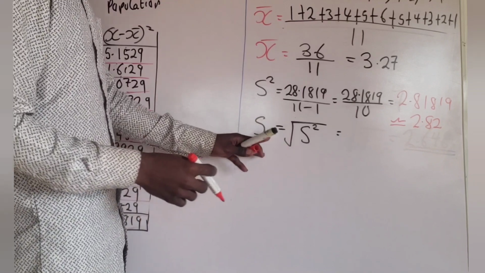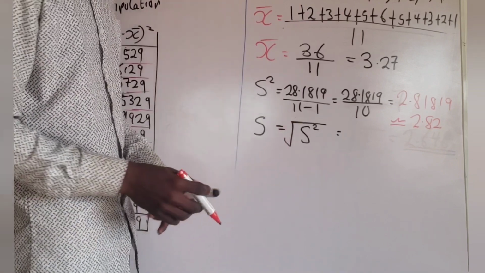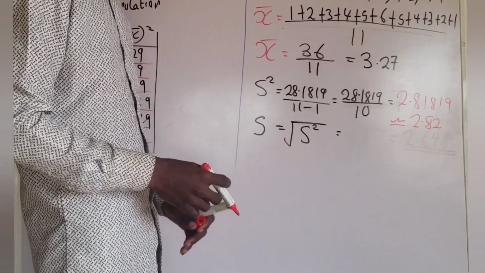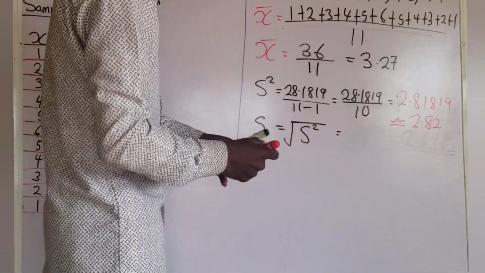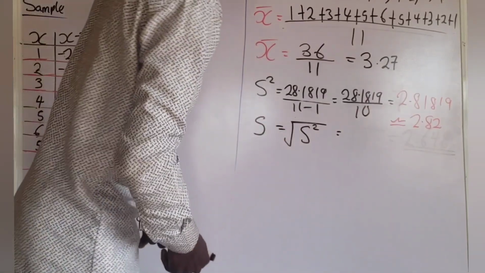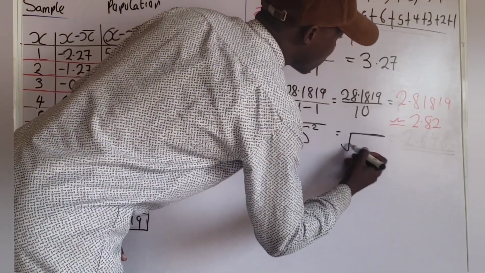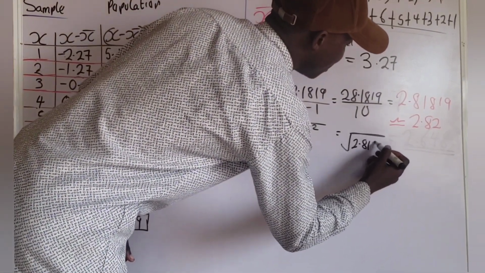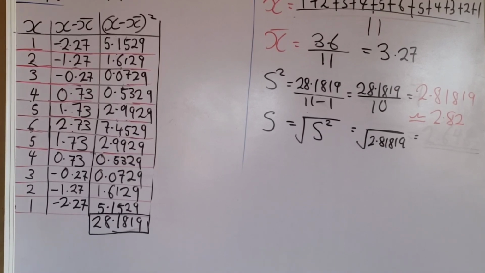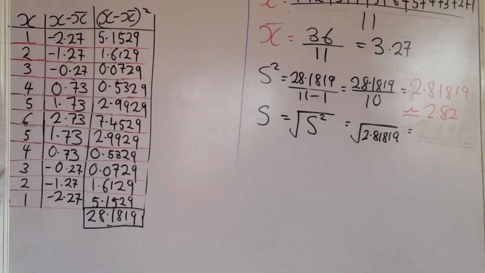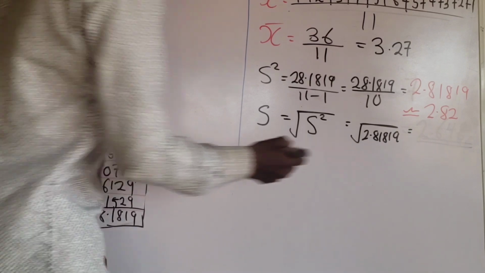Now, standard deviation is the square root of variance. So now, having known that the variance is 2.81819, I'm going to take the square root of the variance to get the standard deviation. Square root of 2.81819 will give us 1.6787.